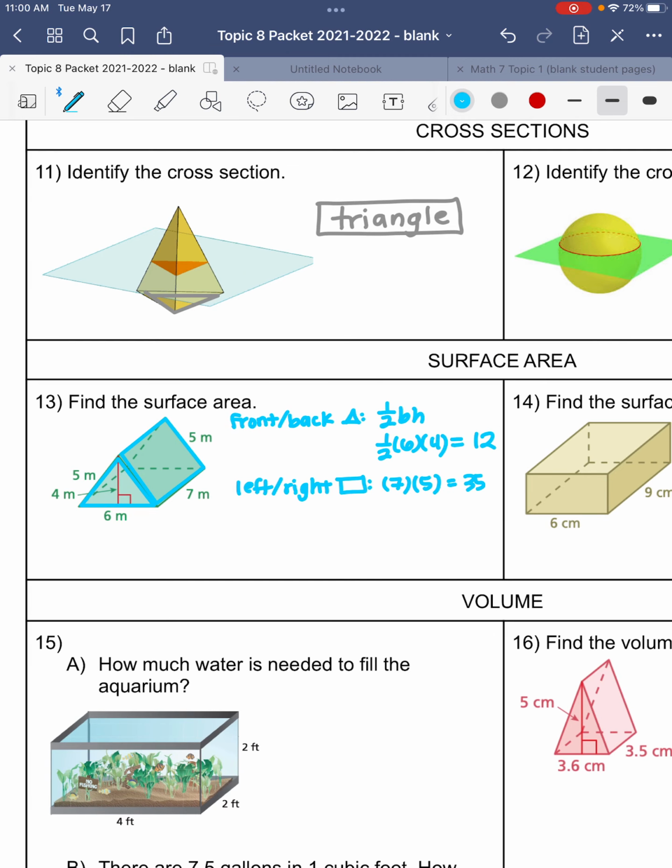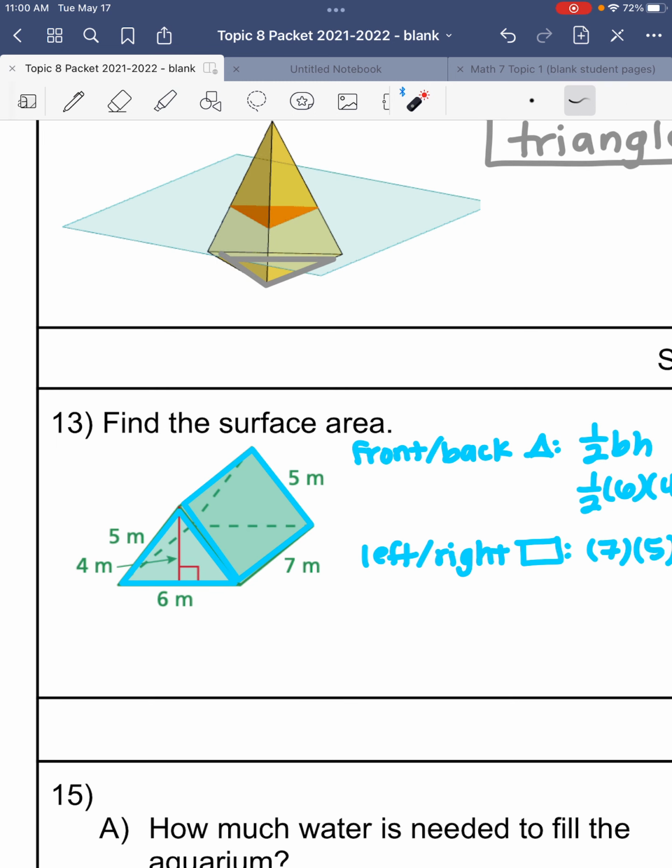Okay, now I just have one more area to consider. Well, it's sitting on this rectangle here. Do y'all see that? Okay, but y'all understand it's sitting on that rectangle on the bottom, right?